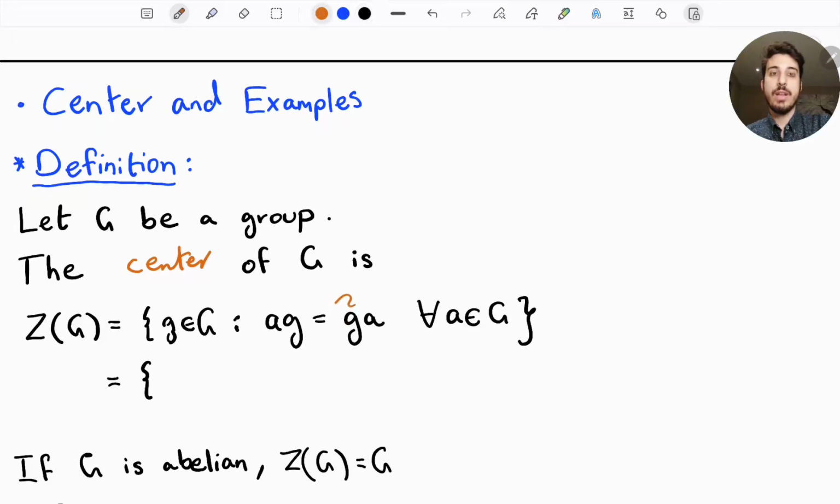Another way to express this definition, which is equivalent to the first one, is by noticing that we can apply g inverse or A inverse on both sides, and we can get different interpretations of this definition.